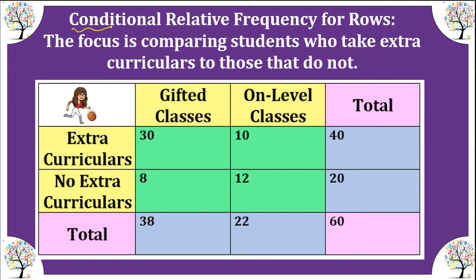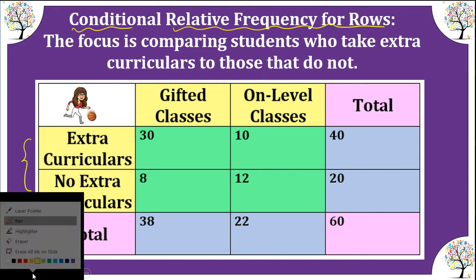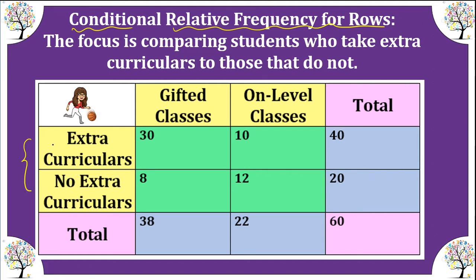So conditional relative frequency by rows. This is going to focus on comparing students who take extracurricular to those that do not. So we're going to be doing it by rows. So we're only looking at the information in the rows going horizontal.